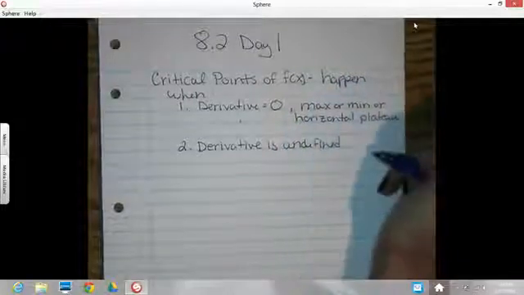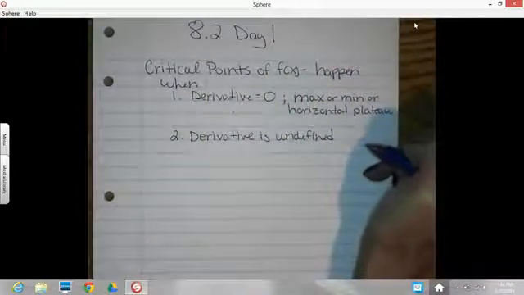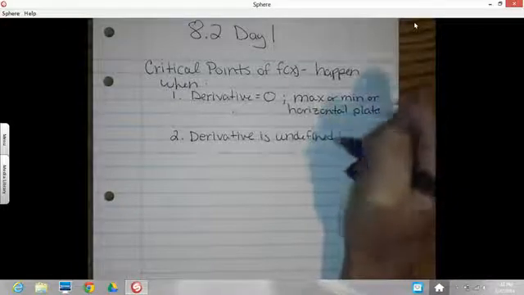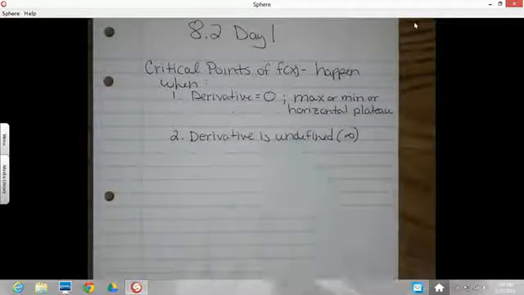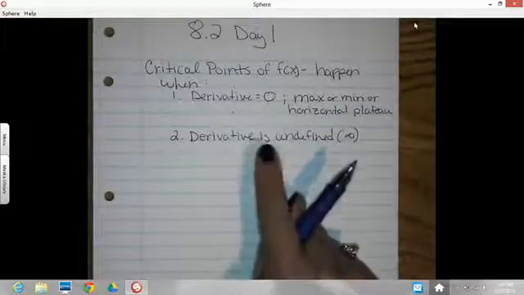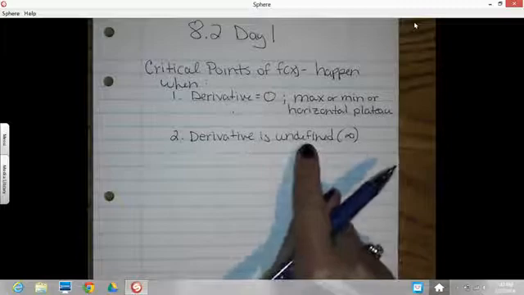Okay, and when the derivative is undefined, the author is now, instead of calling it undefined, calling it an infinite derivative, infinity. So, when does the derivative come up undefined or equal to infinity?